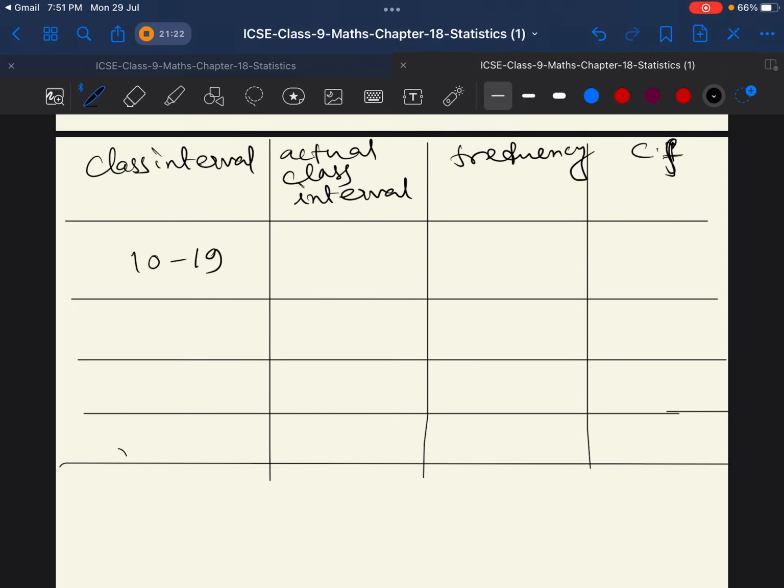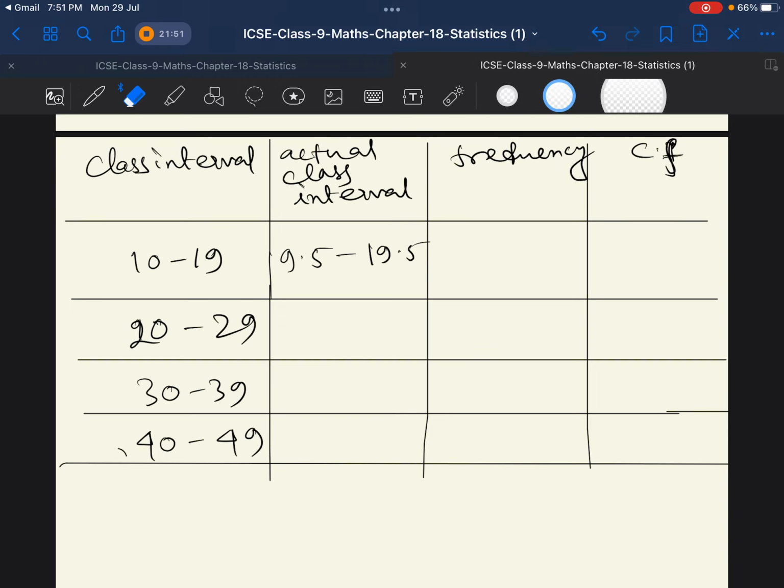Now class interval is here 10 to 19, 20 to 29, 30 to 39, and 40 to 49. So now we subtract 0.5 from 10, so we will get 9.5. This is 19.5. We add 0.5 with 19, then this will be 19.5.